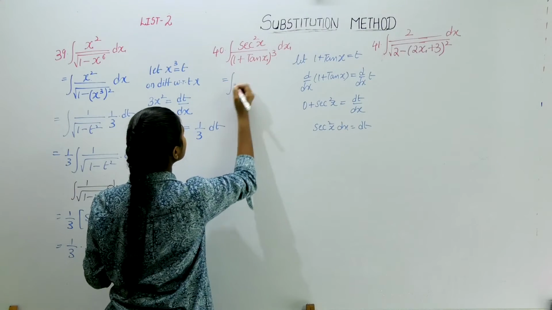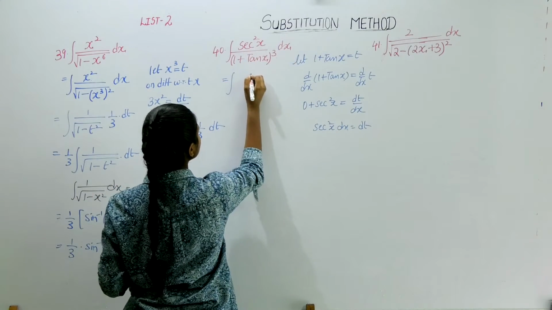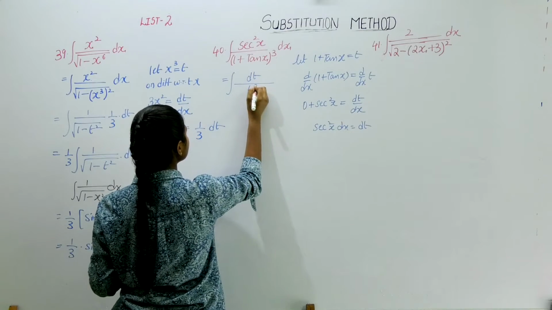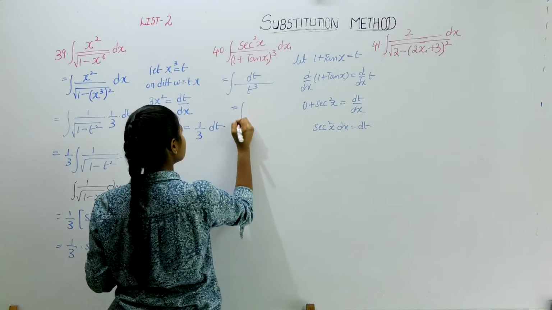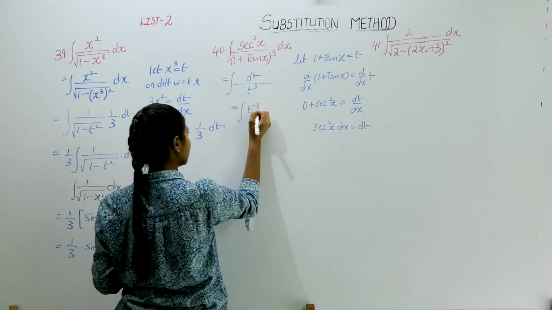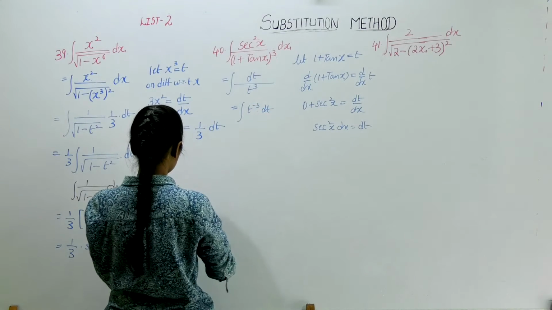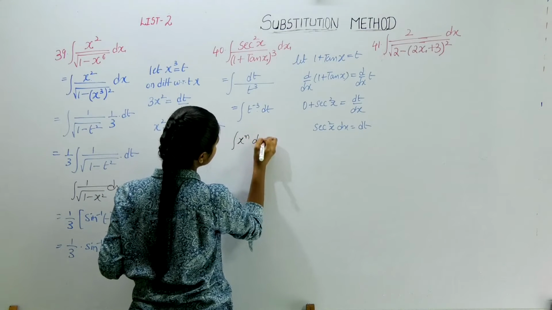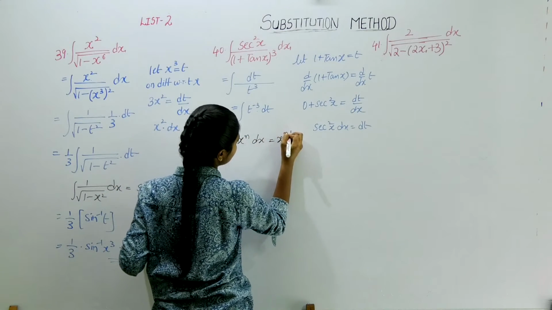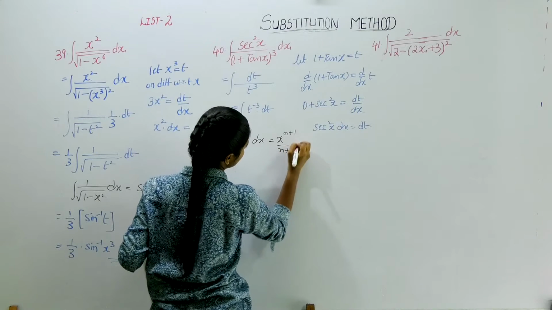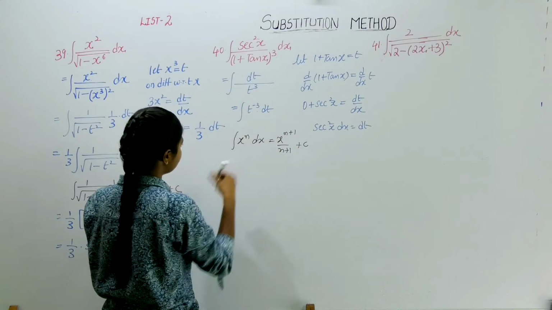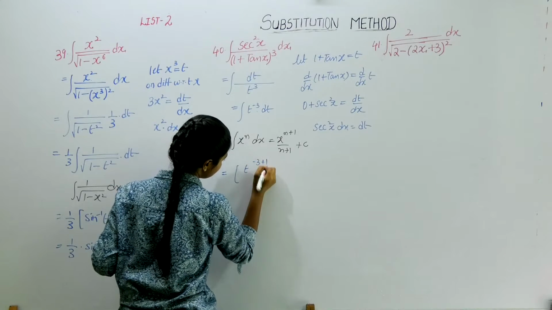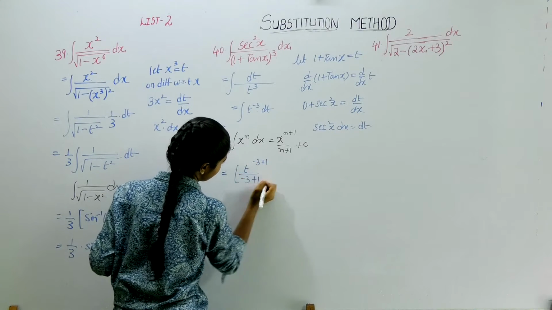Now, in the place of secant square x into dx, we substitute dt, and in the denominator, it is t cube. We can write this as integral t power minus 3 into dt. This is in the form of integral x power n dx, which is x power n plus 1 by n plus 1 plus c. We substitute the formula, we have t power minus 3 plus 1 by minus 3 plus 1.